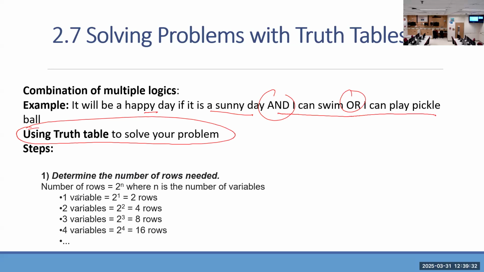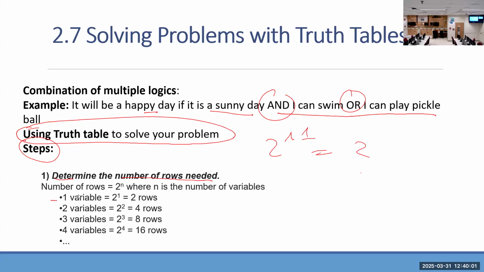So what is a truth table? How can you build the truth table? The first step, you have to determine the number of rows you need. It depends on how many conditions you want. If you have one variable, 2 raised to 1, you have 2 outputs.